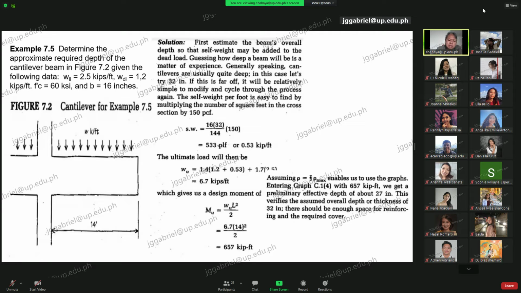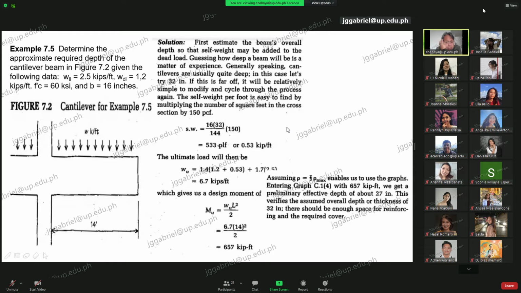That uniformly distributed load is illustrated with this, no? It's a distributed load. Tuloy-tuloy yan. And then f prime c, that's the compressive strength of concrete, which is 60 ksi. And then we have b equals 16 inches.